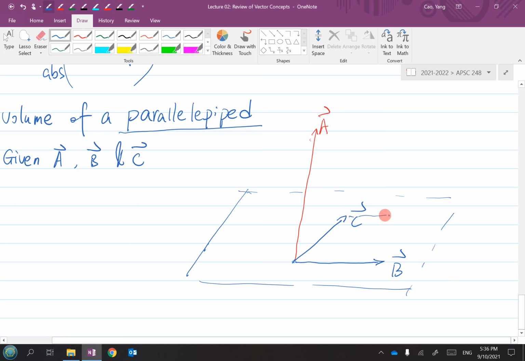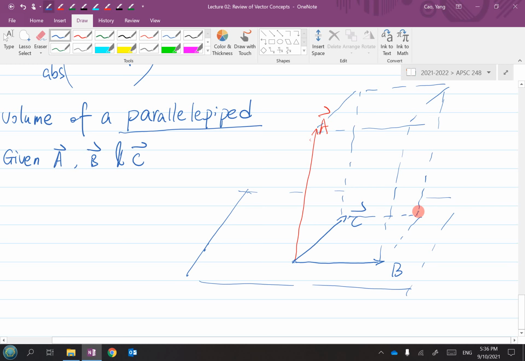At the bottom here, you can create a parallelogram using the two vectors B and C. And then you keep doing that for the other sides. At the end, when you sketch out all sides, you get essentially like an inclined box.